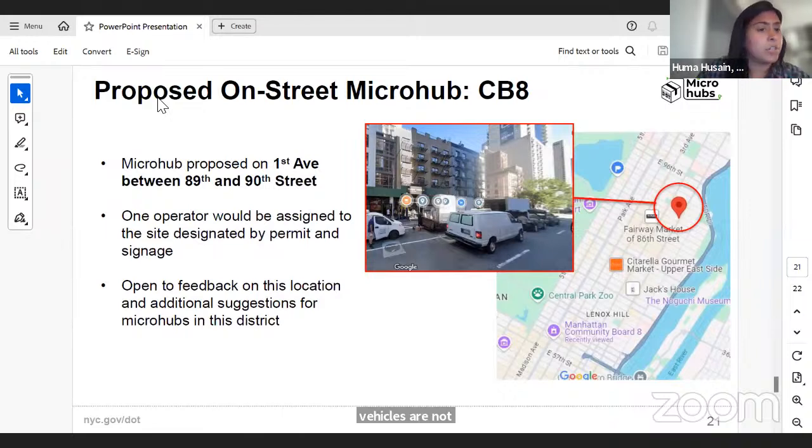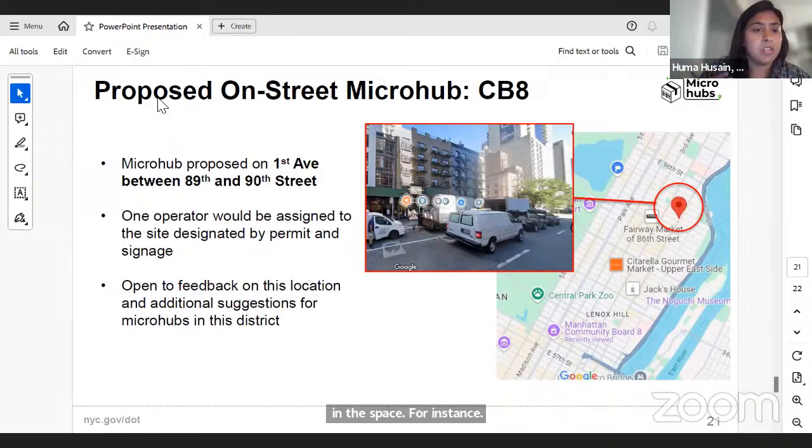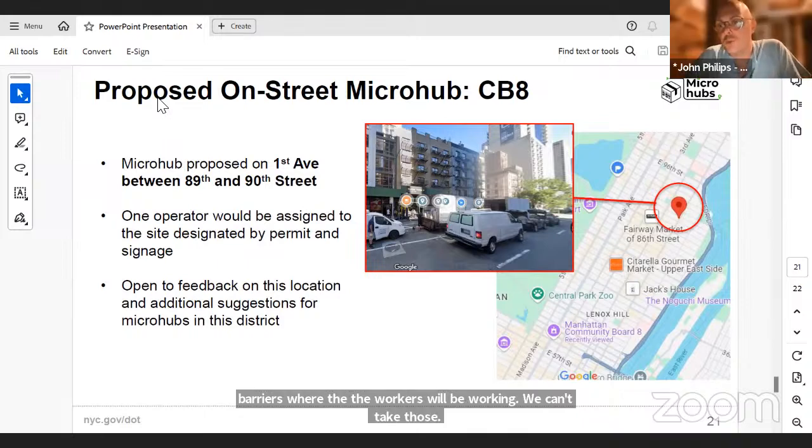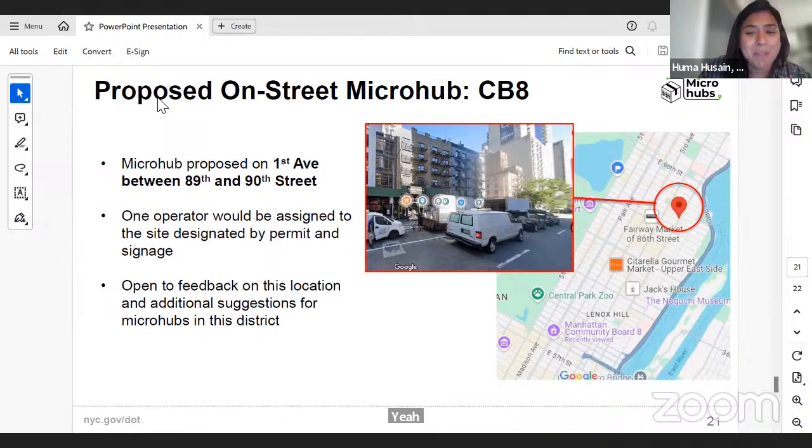If there's cargo bike corrals in the space, for instance, and barriers where the workers will be working, we can't take those away every day and then put them back in. So there's a certain amount of infrastructure that'll permanently be placed there. They're semi-permanent. They're easy to take away eventually, but yes, there would be some minor infrastructure, paint, except for where the truck is pulling in. That would be free from any sort of barriers.